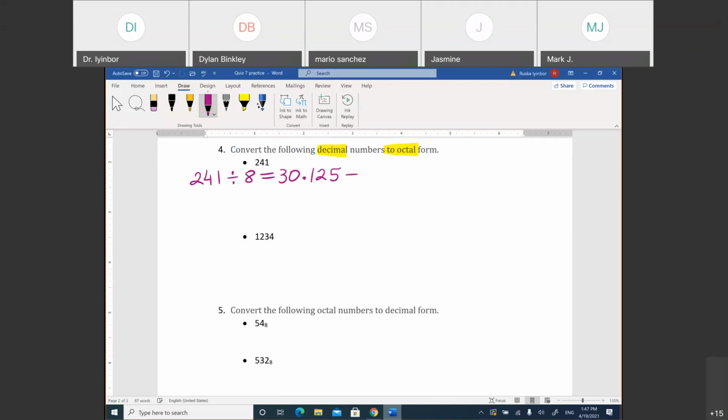Then you're going to get the decimal fraction part only, which is 0.125, and you're going to multiply by 8 because that's your base. And it's going to be 1, so the remainder is 1.